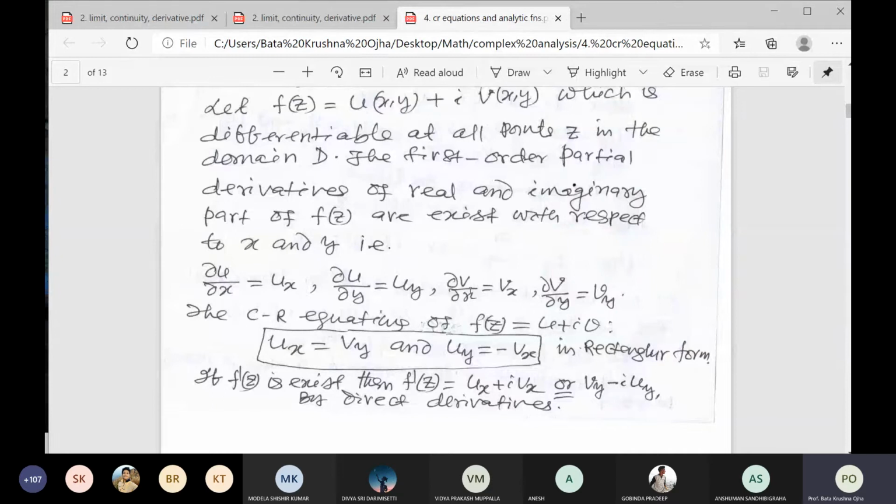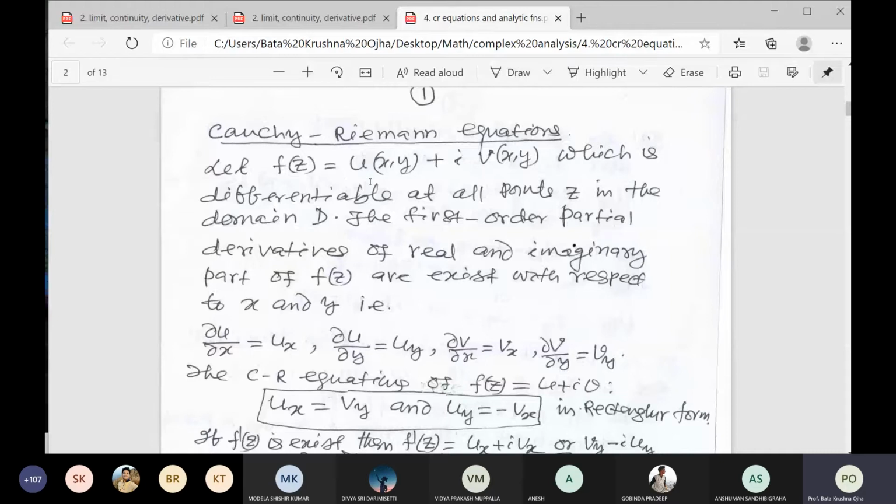All these partial derivatives must exist in that domain. That is, f(z) satisfies the Cauchy-Riemann equations if the real and imaginary parts of f(z), u and v, have first order partial derivatives that exist in domain D. So what are the Cauchy-Riemann equations?